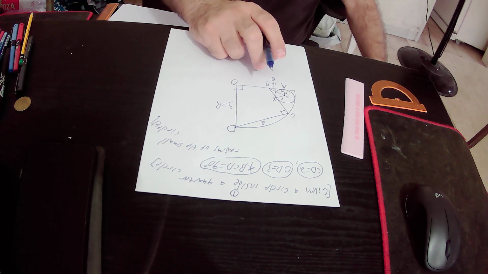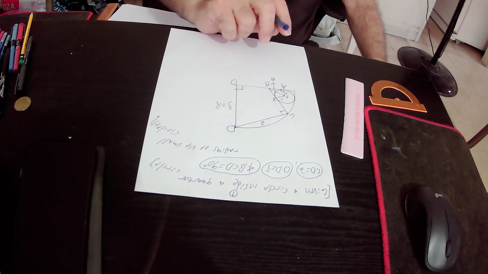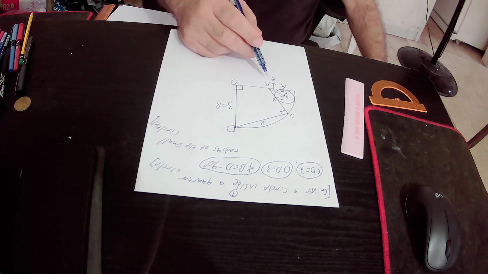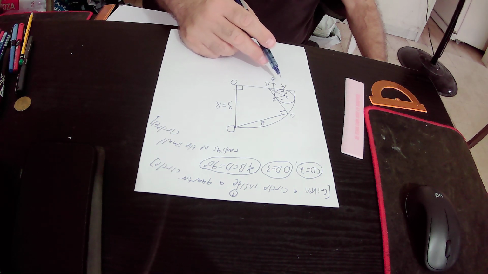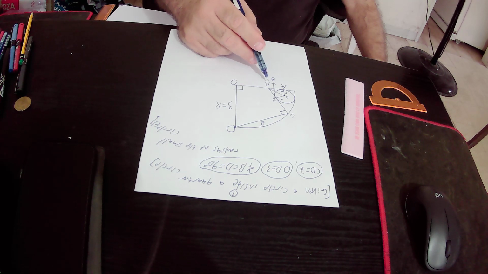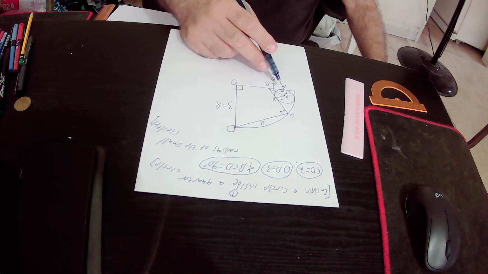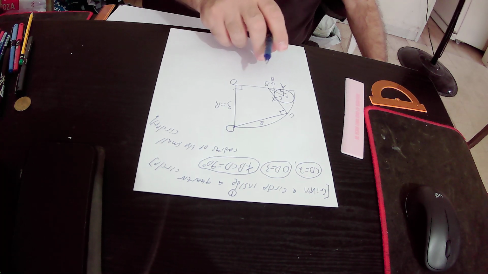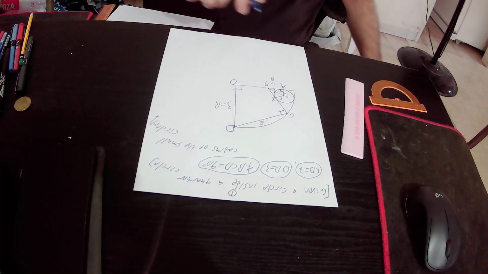That is to say, AB equals BX. Again, if you draw two tangents from point B to the circle, then the lengths of those two tangents are equal. That is to say, AB equals BX.